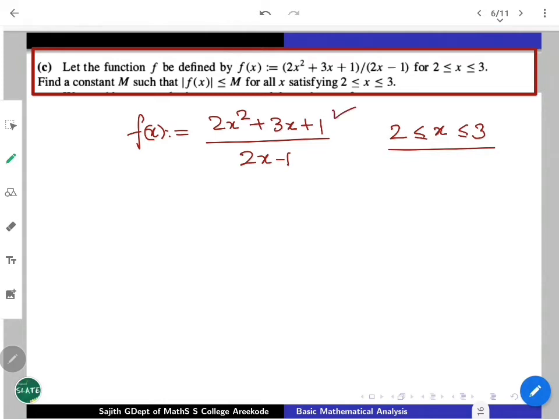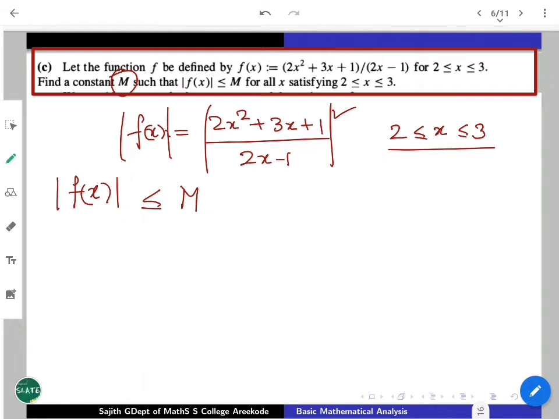Now what is asked is you have to determine a constant m, a real number m, for which if I am evaluating modulus of this function, it has to be just dominated by a real number, capital M. I have to find such an m. Not the optimal one I am asking.